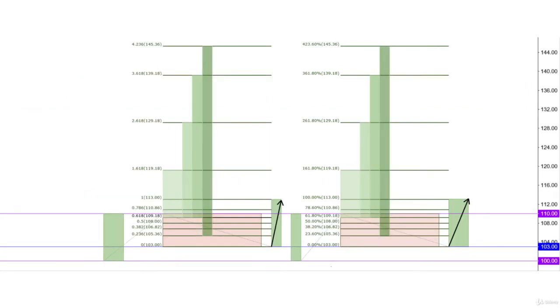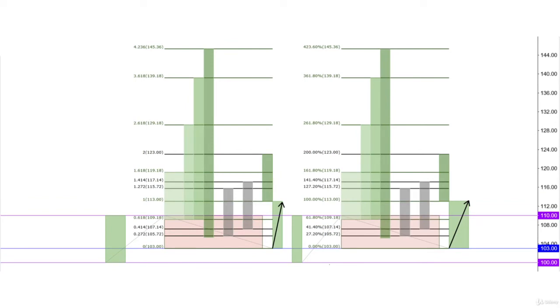The extension levels are still the base trend added to the normal fib retracement levels from 0 to 1. That is why the 4.236 level is $40 or 400% above the 0.236 level.